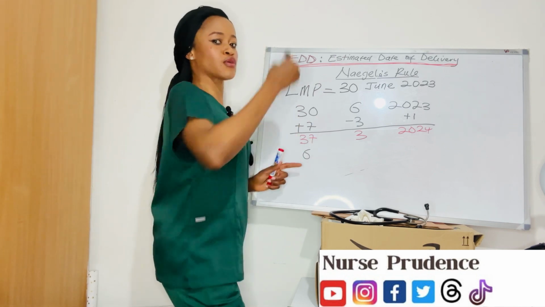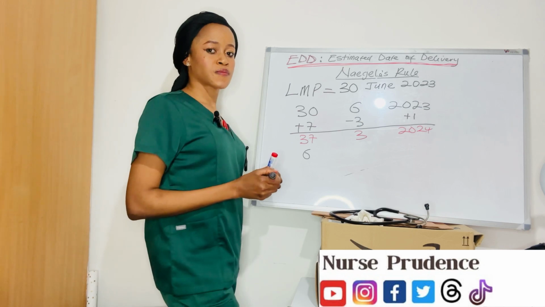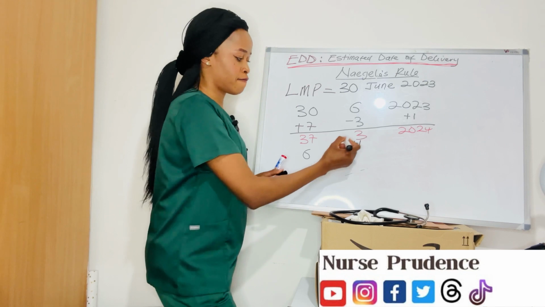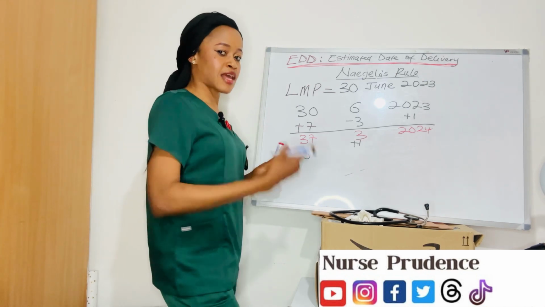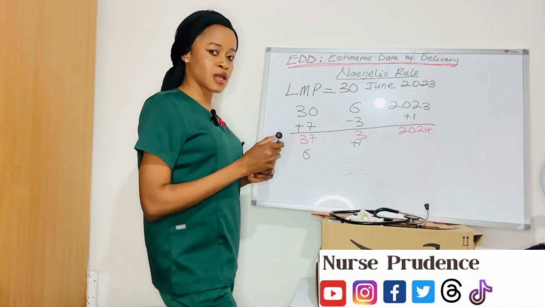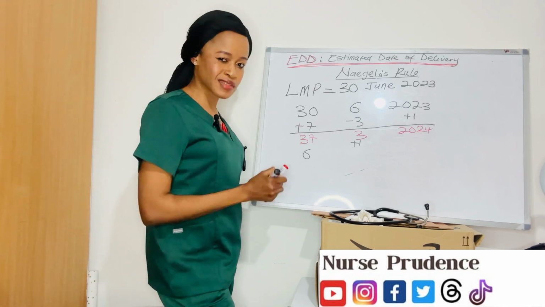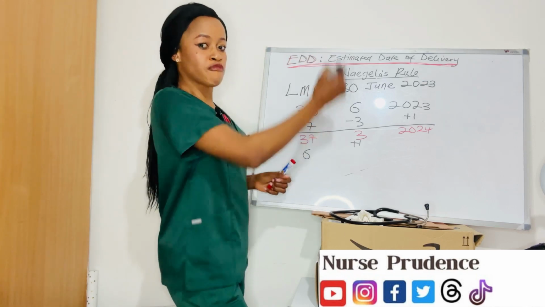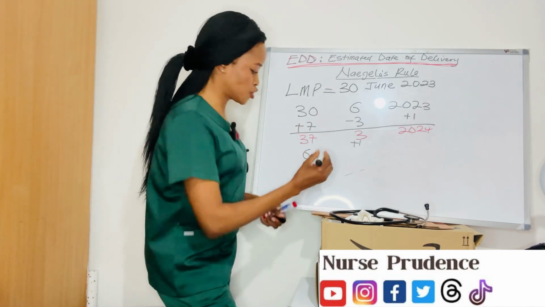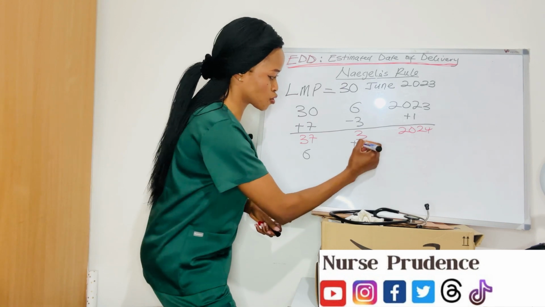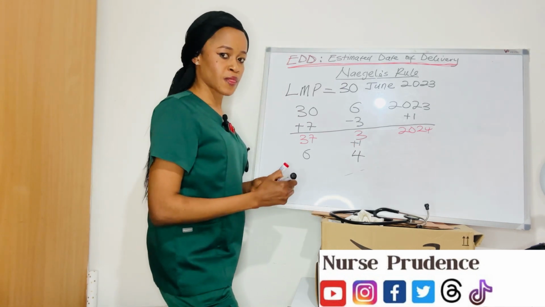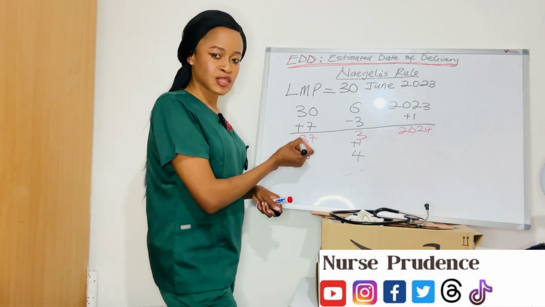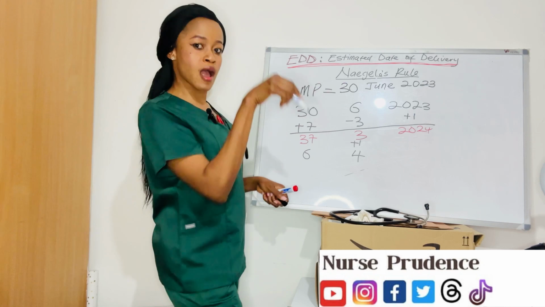In other words, you carry it over to the next month, because there is no month that is 37. So you minus the month's days, and it means you are moving over to the next month. So this should be 6th of April, which is 4. So 1 plus 3 is 4. And already, you know that March has ended. So the extra 6 days should be for April.